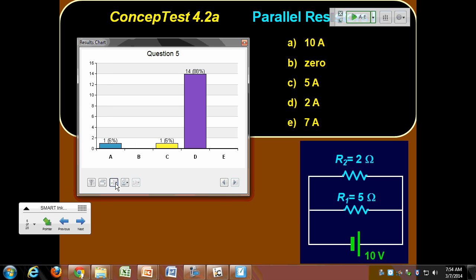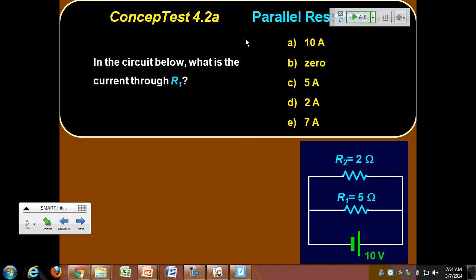Okay, very good. They both have the same voltage. They both have 10 volts. That means I have 2 amps here and 5 amps here. What is the total current of these 5 options? What is the total current? That is the current coming through here.